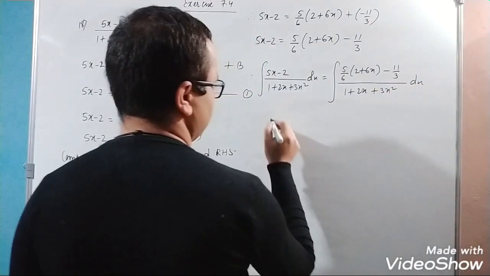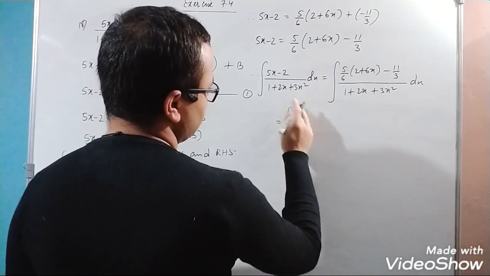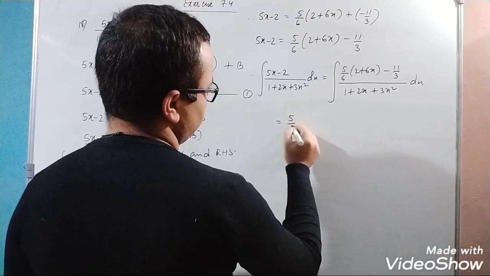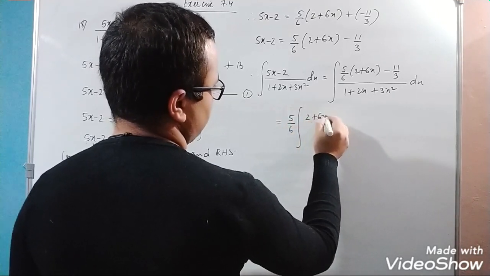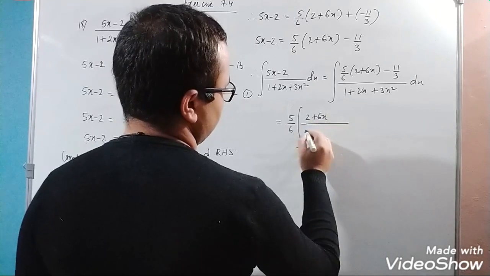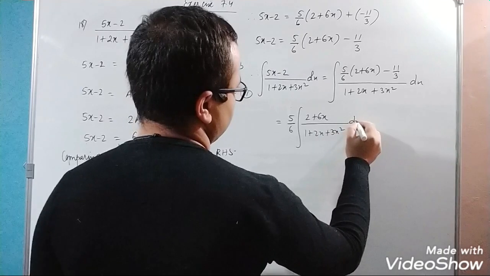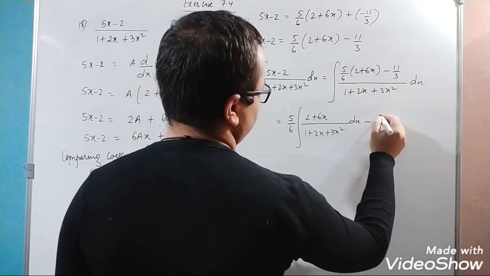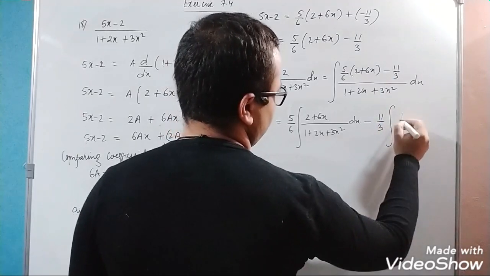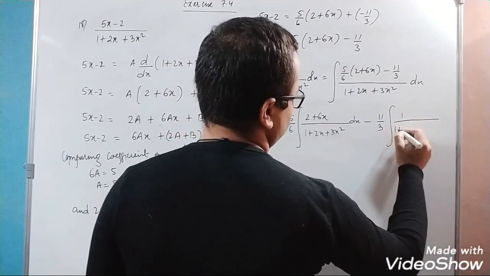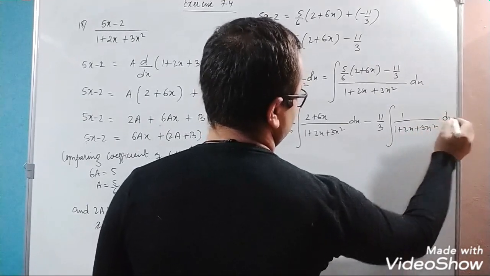Now separate it. So this equals 5 by 6 integration of 2 plus 6x divided by 1 plus 2x plus 3x square dx minus 11 by 3 integration of 1 by 1 plus 2x plus 3x square dx.